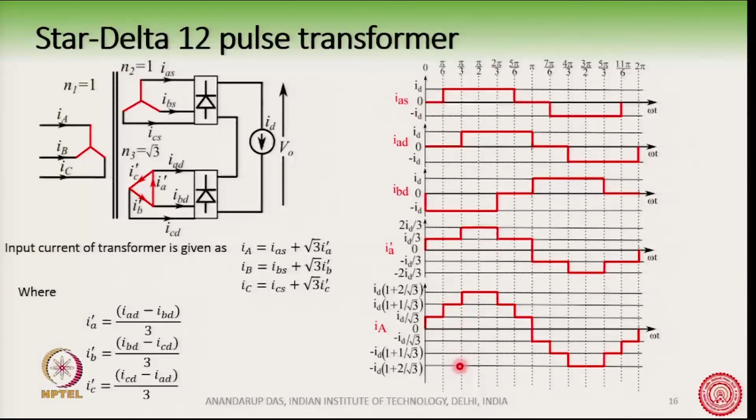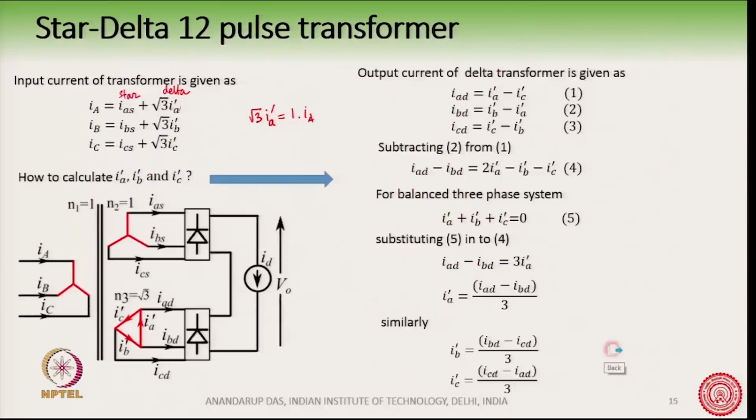But now, in the presence of this star delta transformer, we see that the IAS waveform and the I capital A waveform are distinctly different. The I capital A waveform has more number of steps like this, with these values here.